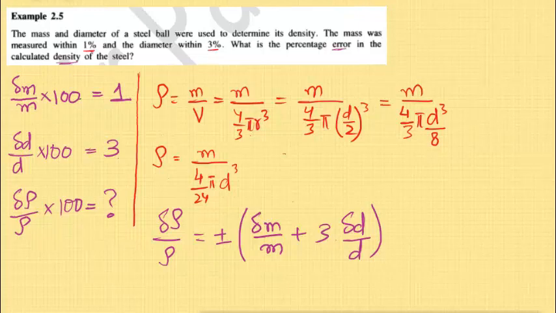Now you must be wondering why I have written 3 here. I have written 3 here because d has the power 3. So whatever is the power of your measured value, it will become the coefficient. It will be multiplied with the fractional error.